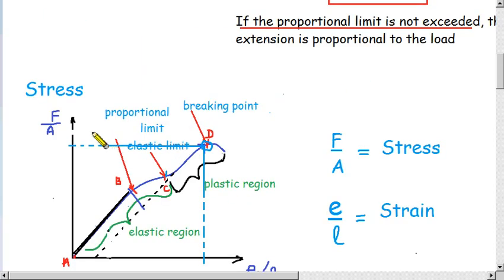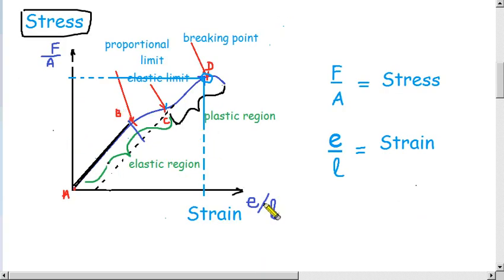This special term F divided by A is called stress. Alone, F is called force. And E alone is called extension. But the whole term E divided by L is called strain. You have to keep this wording in your mind.